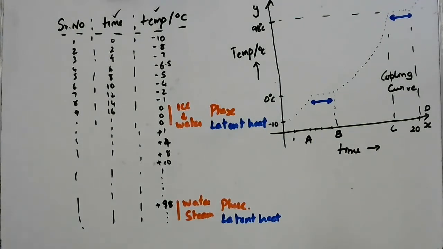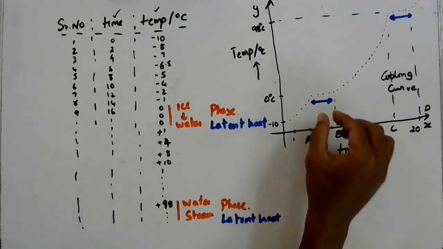Then they might ask you what is happening during this phase change. Then you have to explain that during the phase change, latent heat is being absorbed to increase intermolecular distance and convert all of the ice into water or all of the water into steam.